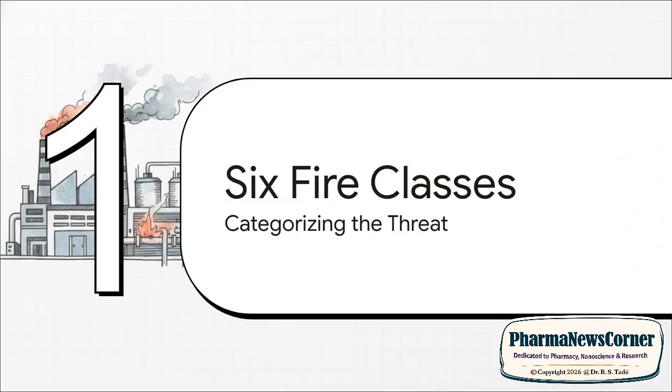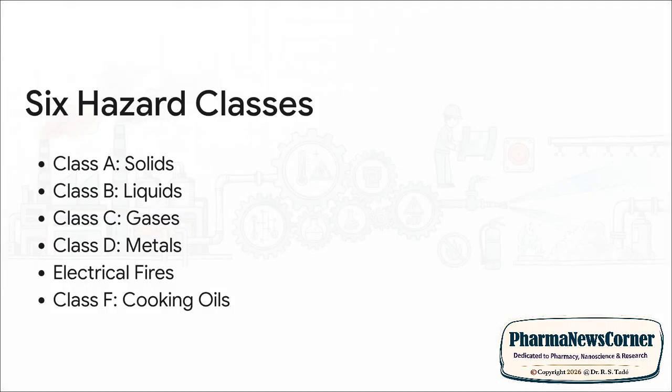Moving right along to section 2, 6 classes of industrial fires. Categorizing the threat, because you can't fight an enemy you don't understand, and using the wrong weapon can make a fire infinitely worse. So engineers categorize fires into 6 main classes, and it's all based on their fuel source. Class A is your everyday solids, paper, wood, basically the stuff sitting in your dorm room.